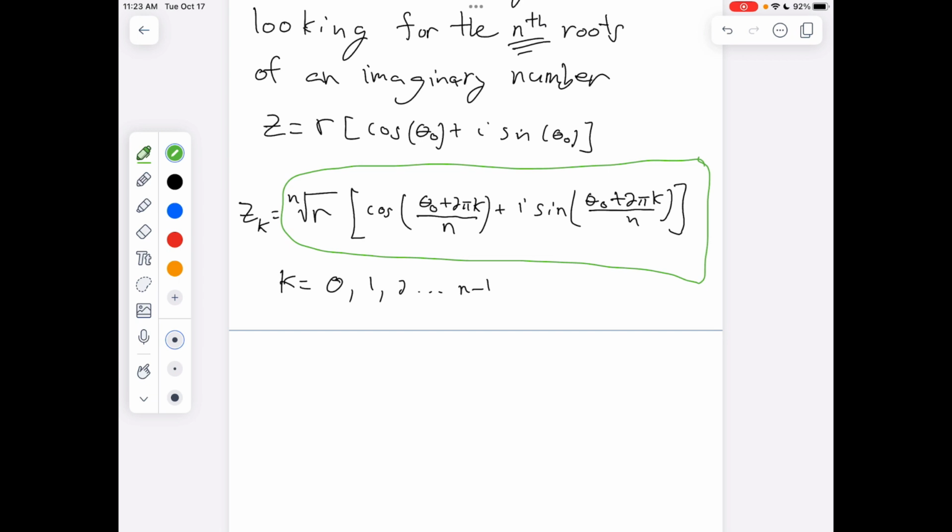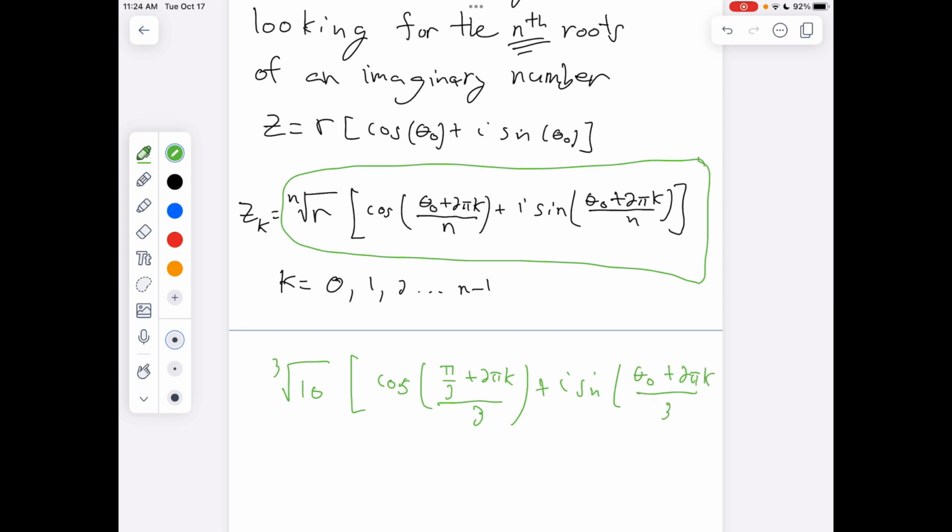So in our case, we were looking for the third root, so it'd be the cube root of 10 times the cosine of theta sub 0, where theta sub 0 is the angle of the number given, so that was pi over 3, plus 2 pi k all over 3, plus i sine of theta sub 0 plus 2 pi k over 3.